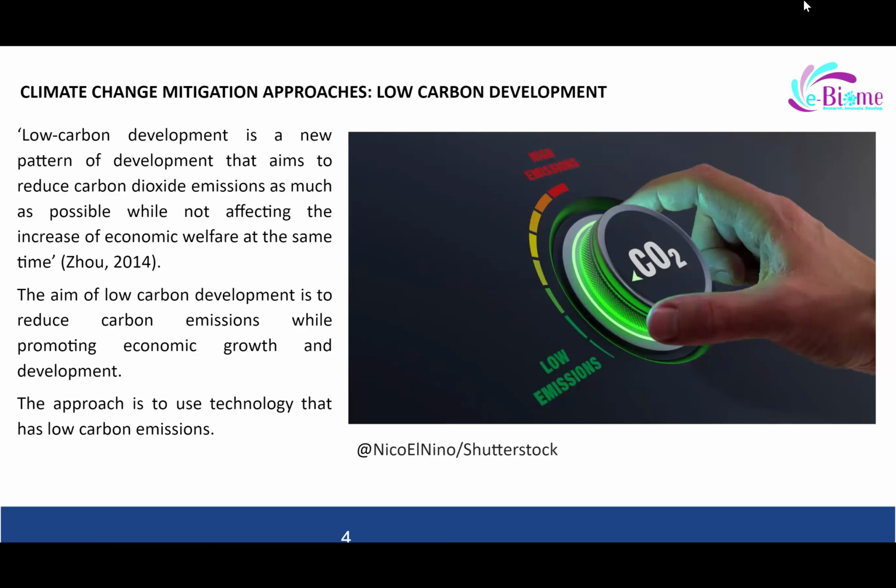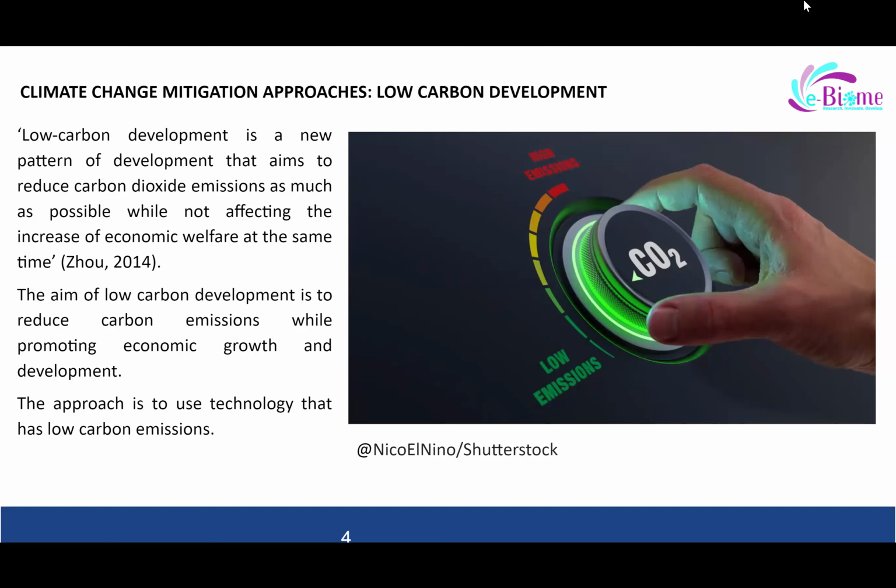You are now using a machine that is not dependent on fossil fuel. And at the same time, your job as a taxi driver is not taken away from you because you still take passengers to wherever they want to go, and then you take your money back. So in a way, you realize that it has reduced carbon dioxide emissions, but your economic activities are not affected. This is at the individual level.